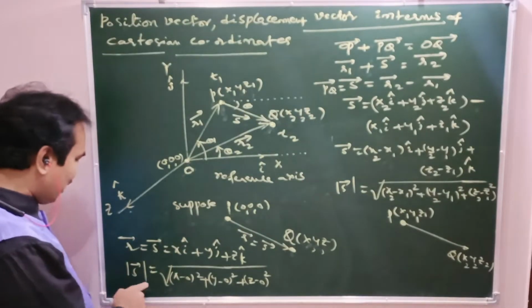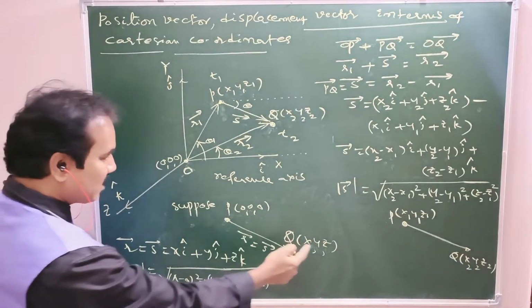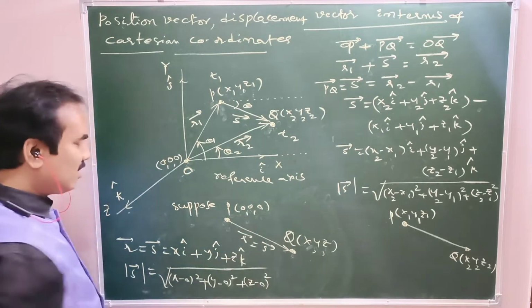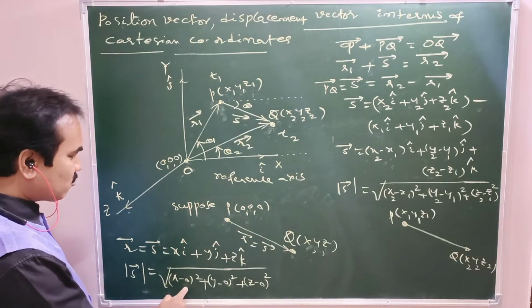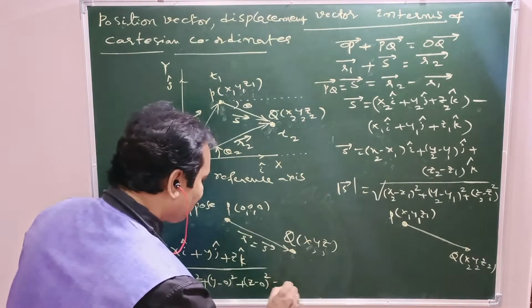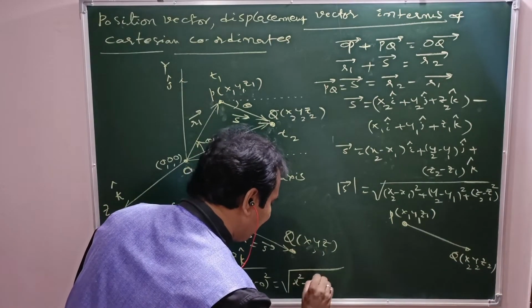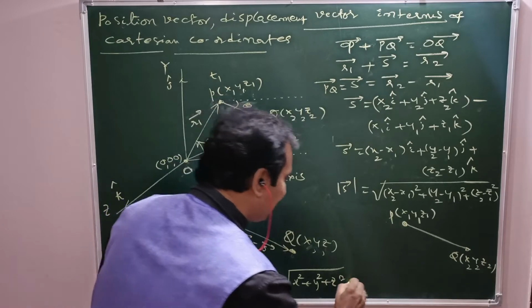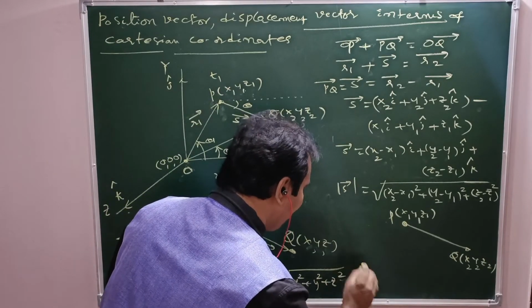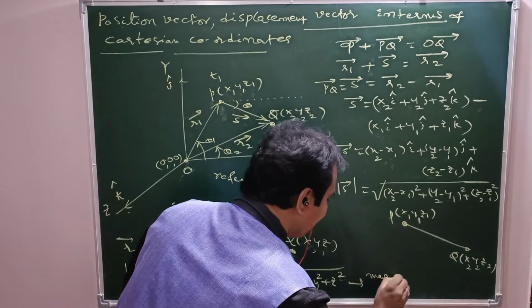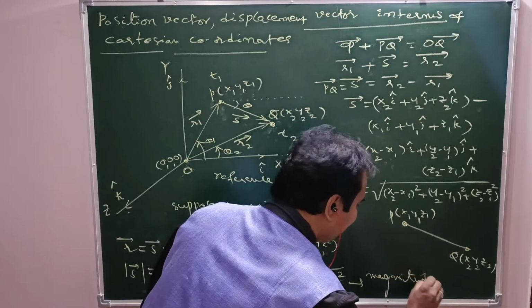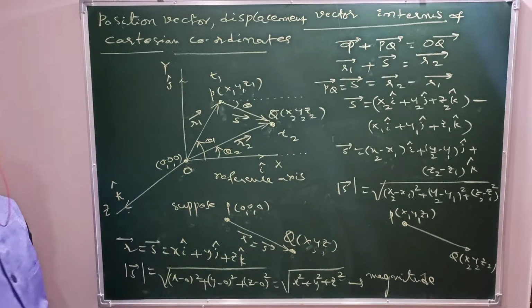So mod s bar equals root over (x minus 0) square plus (y minus 0) square plus (z minus 0) square. That is root over x square plus y square plus z square, nothing but the magnitude of the vector s bar or r bar.